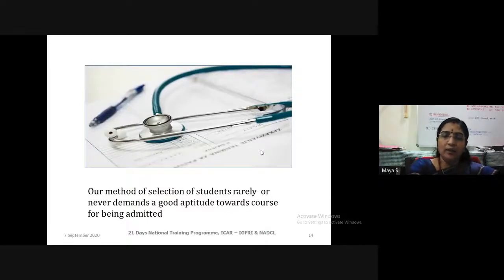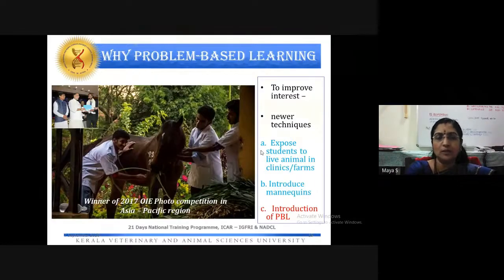Now, why do we need a change in aptitude for the students? None of the courses in India usually demand a good aptitude, or whether the student has a good aptitude for that course, that we never check. Usually students are admitted to courses which they do not want, and they are getting admitted due to pressure from the parents.